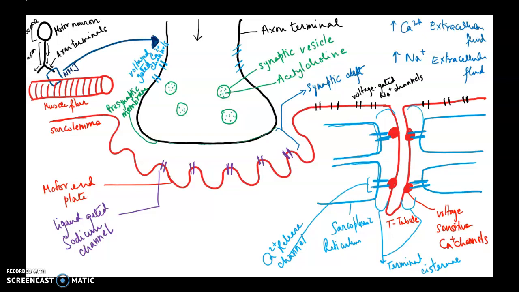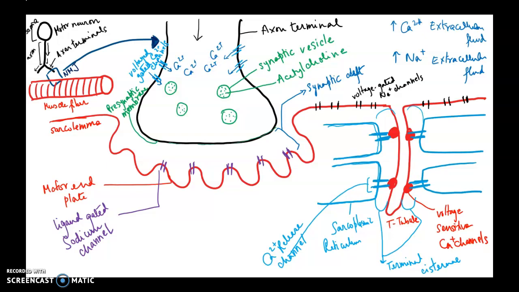As the action potential reaches the axon terminal, the voltage gated calcium channels open. So these channels open. And as these channels open, what comes in? Calcium comes in. So we have influx of calcium into the cell. Right? We have a lot of calcium now.